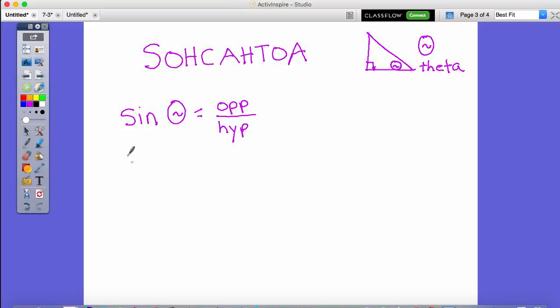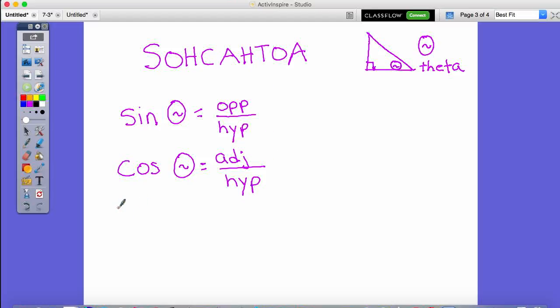If we were finding the cosine of theta, it would be found by taking the A, so the adjacent leg, divided by the hypotenuse.